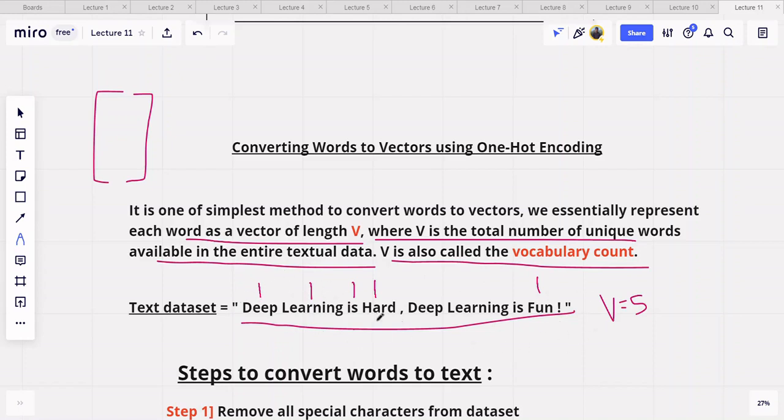Since our data set consists of 5 unique words, we will have a vector with five values. For example, if I want to represent the word deep in one-hot encoding format, I will write 1 at the first position.